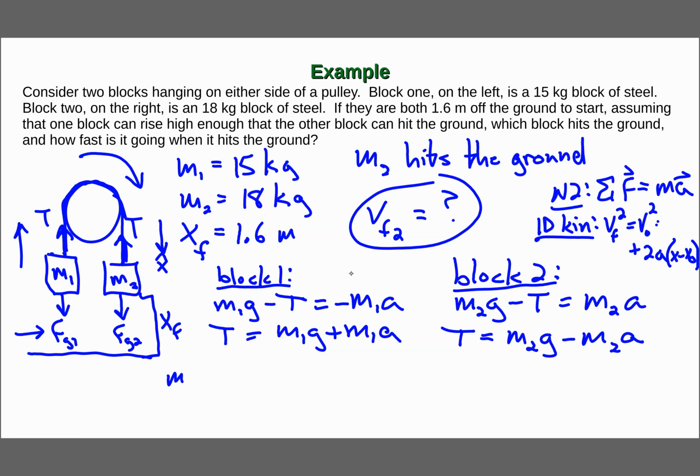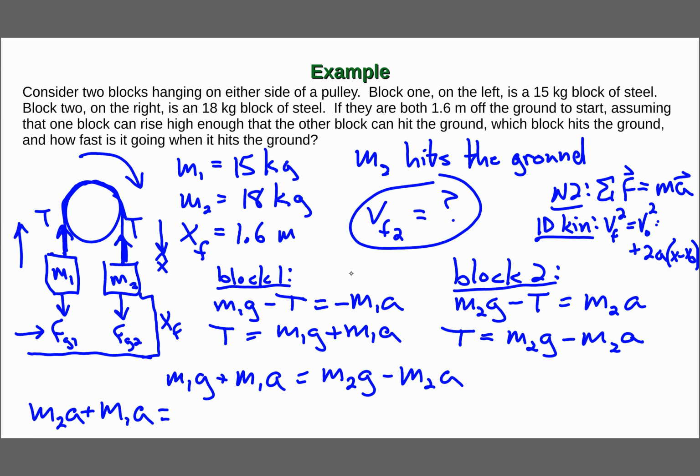So what I get is m1g plus m1a equals m2g minus m2a. Okay, then I want to solve for a, so I'm going to have m2a plus m1a equals m2g minus m1g.